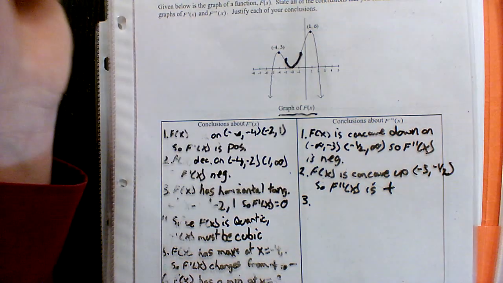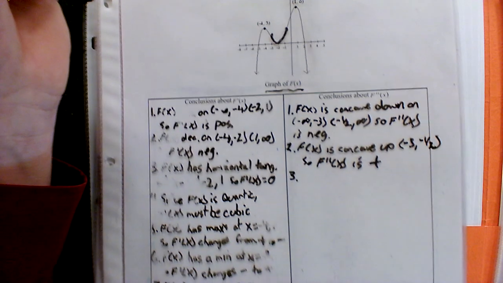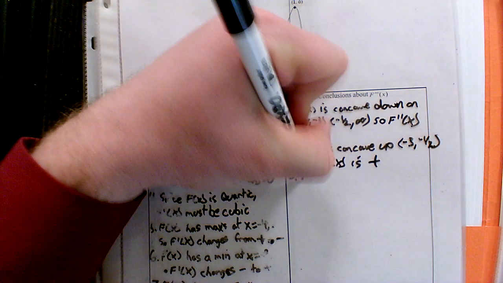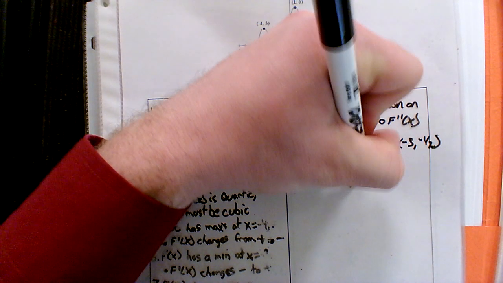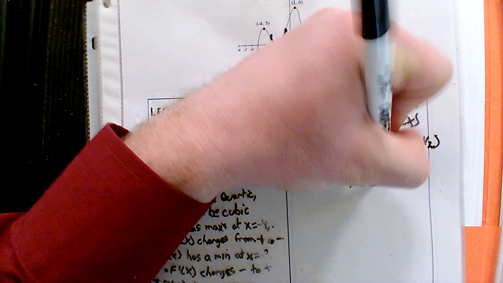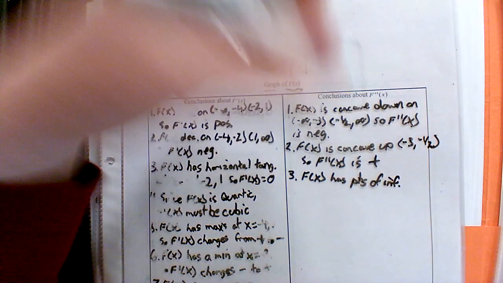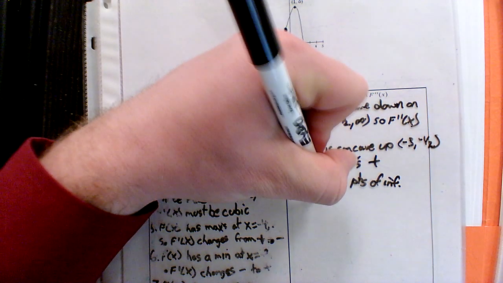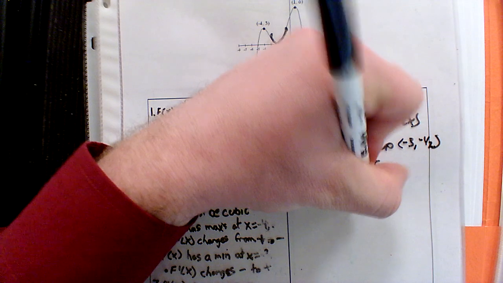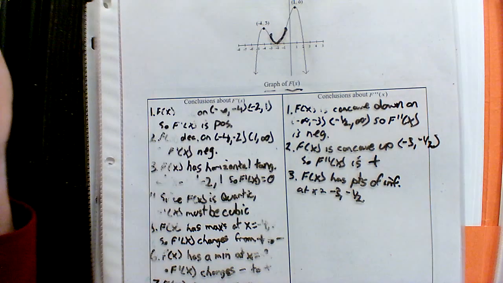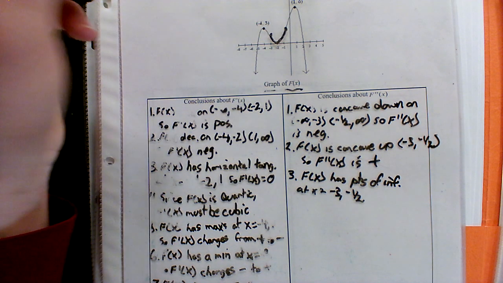All right, I have two more statements left for this one. So number 3, f of x has points of inflection at x equals -3, -1/2, and those are the only two.